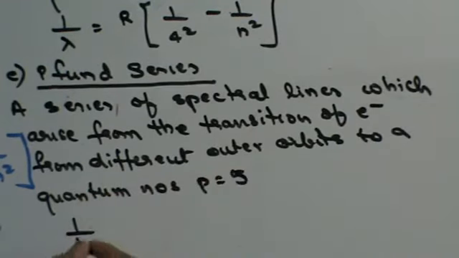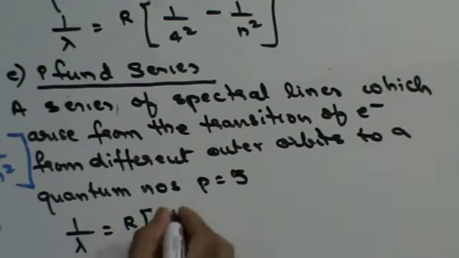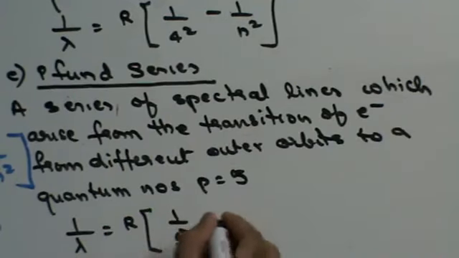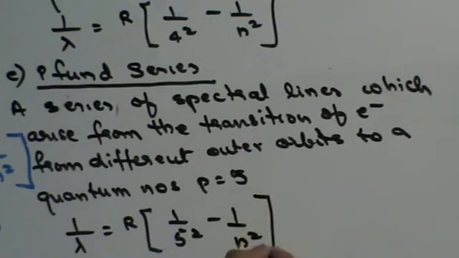So I'll get 1 upon lambda is R times (1 upon 5 square minus 1 upon n square). Fine, do we get this thing clear? Now, the Pfund series is also deeply embedded in the infrared region, right?